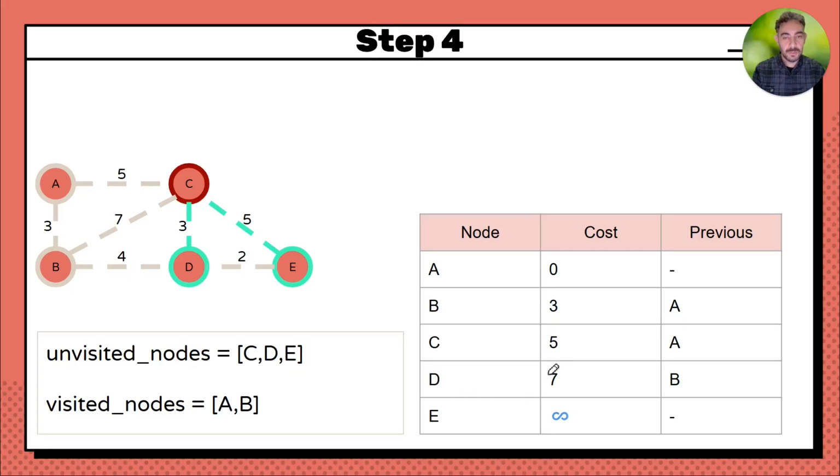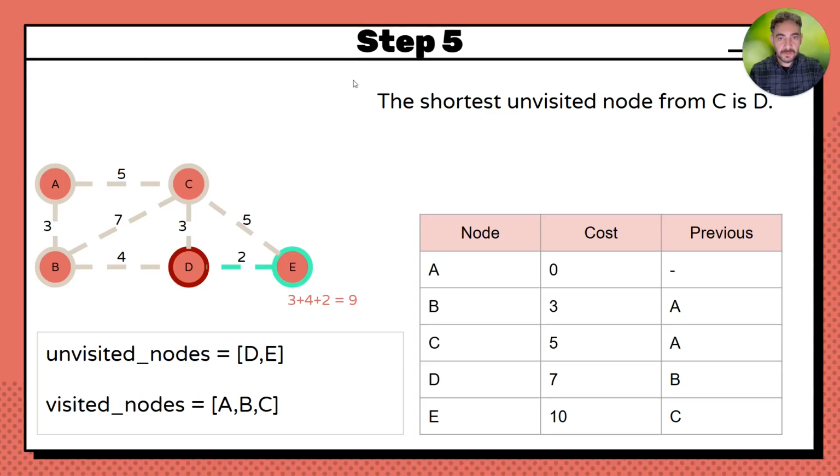So again, we don't update the table here. The path to E is going to be 5 and 5, and this doesn't exist in the table yet. So we've now added 10 to our table, and we've said that our previous node to E was C. So we have now visited C, and we can update our visited nodes list.